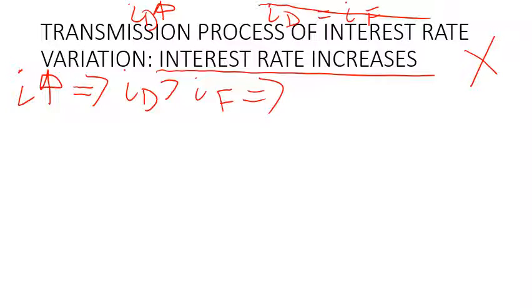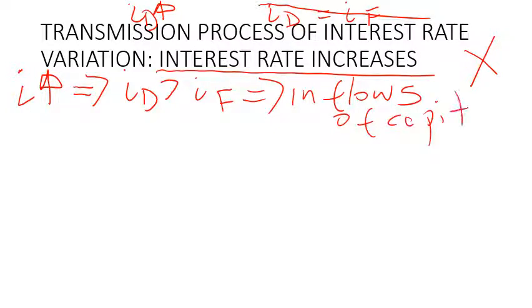So outflows or inflows into our financial pool, our financial markets, are going to cause inflows of capital, because our financial markets, our money markets, whatever you want to call them, are paying a higher return on investment.